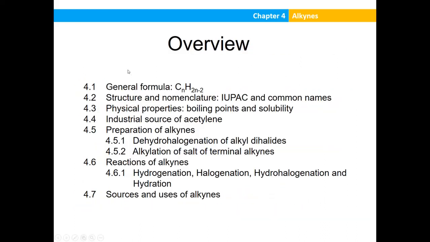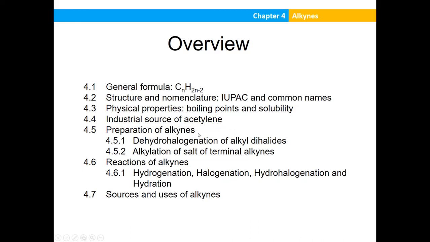Basically, this is the overview of alkyne topics, which consists of general formula, structure and nomenclature, IUPAC and common name of alkyne. Physical properties involve boiling points and solubility of alkyne. Industrial source of acetylene.